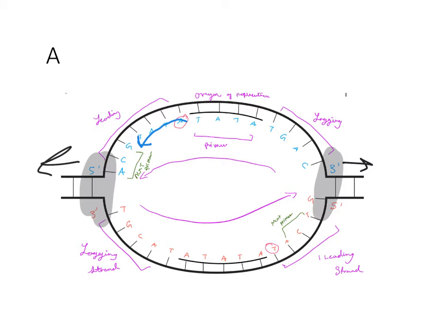It would run into the end of a primer. So by definition, that's not what happens on the leading strand. The leading strand gets synthesized from the origin of replication continuously with no primers in the way. So here, the primers would need to go back here somewhere on the lagging strand. Anything else?